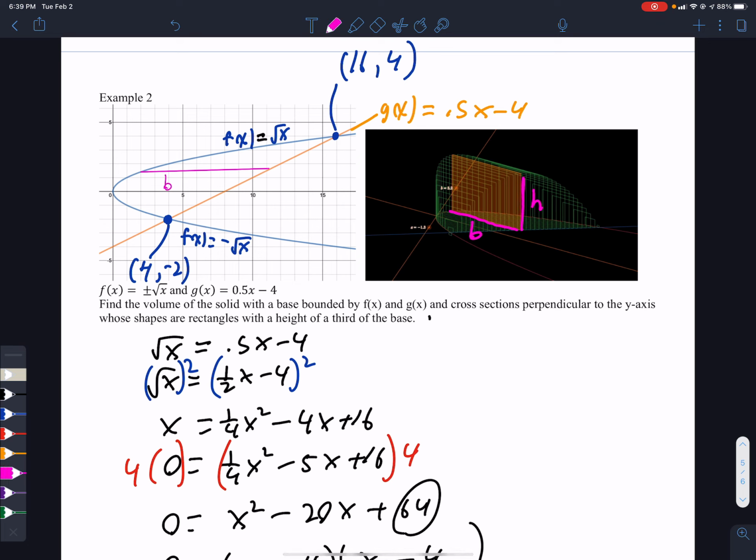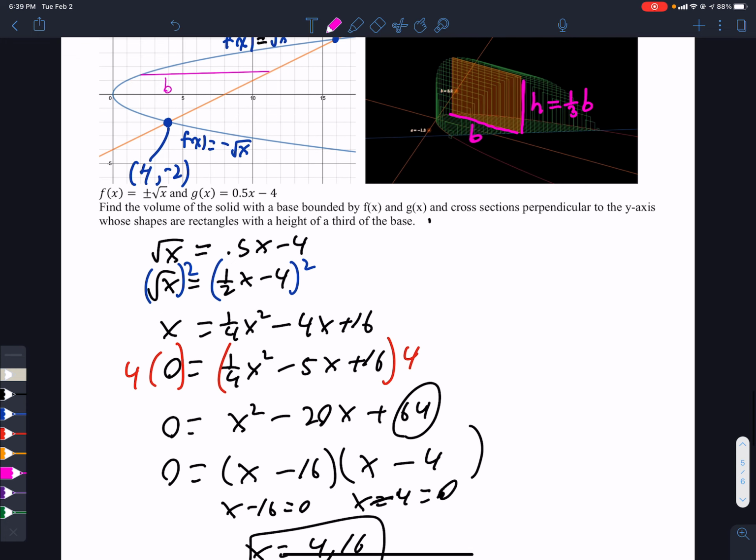That's the height. But what do they tell us about the height? Let's read this. The height is a third of the base. So the height is 1/3 of B. So now if I find B, I can get this.